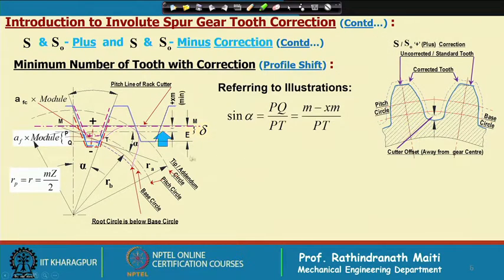Now, let us come to the geometry. PQ is the portion, this is the original base circle, and P is the original pitch point. So, we can write sin alpha is equal to PQ divided by PT. This is the standard pressure angle alpha.